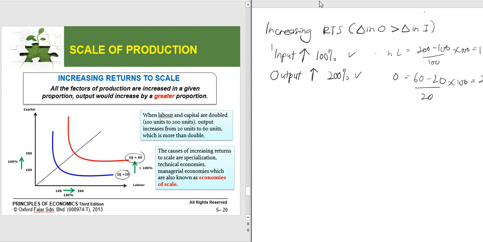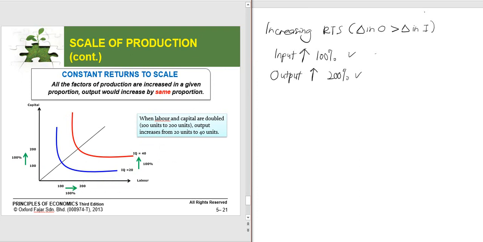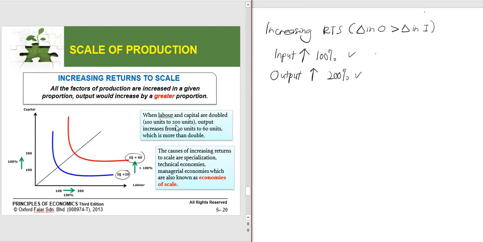Alright, and then we are going to look at the second scale of production, which is constant return to scale. But first, increasing return to scale: how can it happen? When you increase just a little bit of input, you can get more output. The reason is because your production is efficient, meaning your laborers are specialized in their own job.